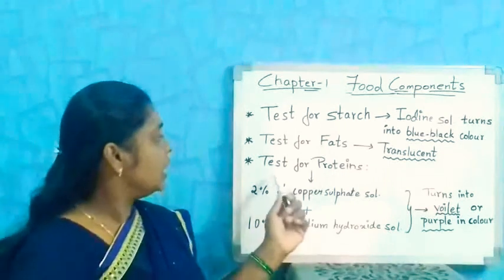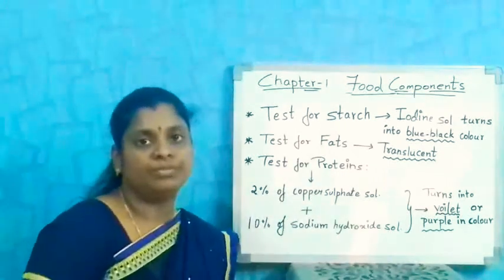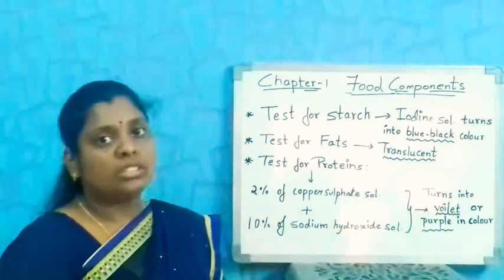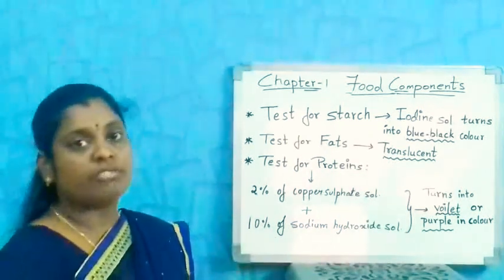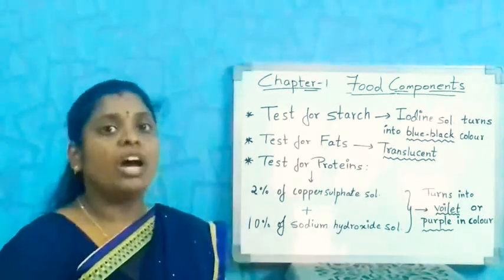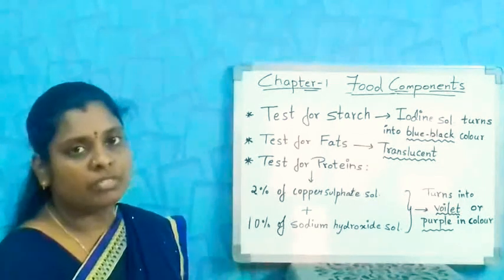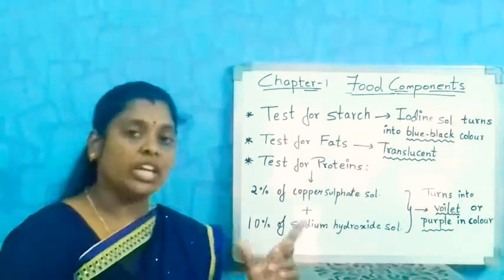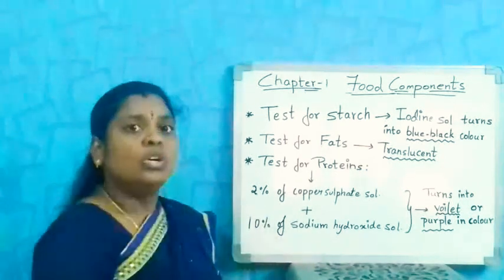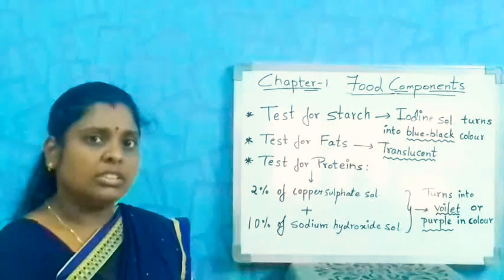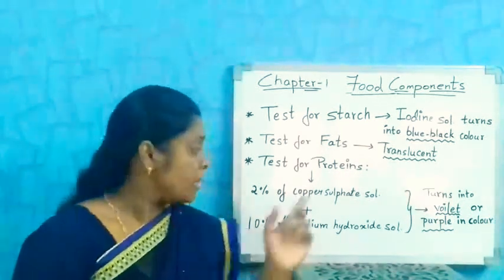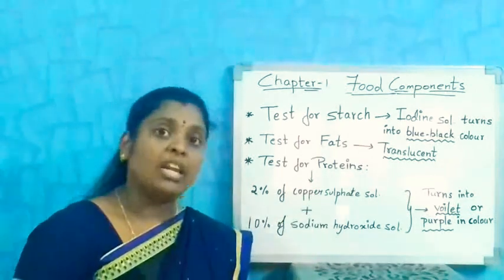Next, the third one is the test for proteins. For this, we have to prepare solutions of copper sulfate and sodium hydroxide. First of all, we have to take a test tube and add 2 grams of copper sulfate to 100 ml water.